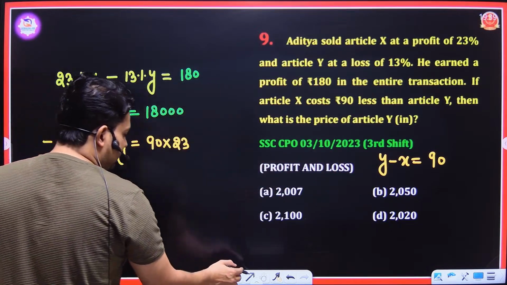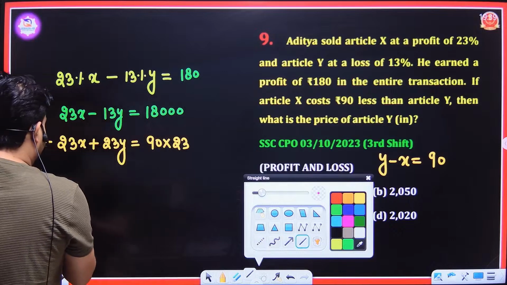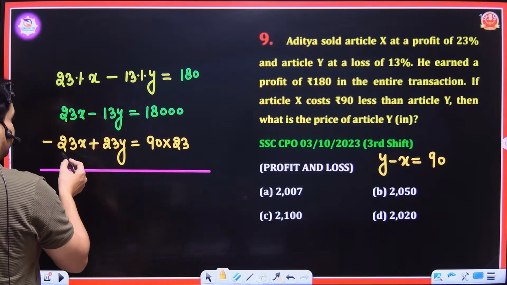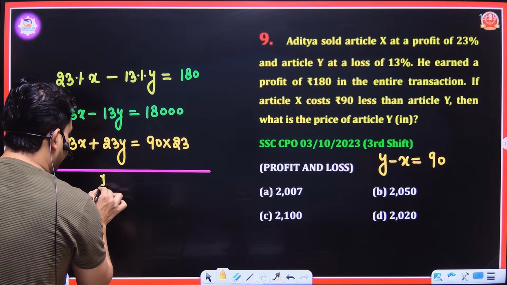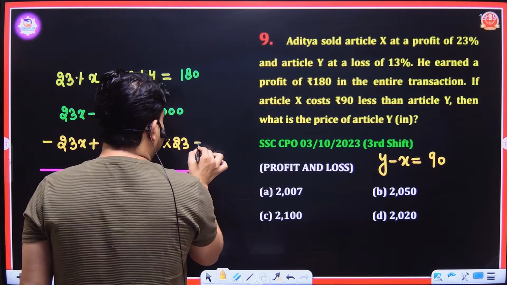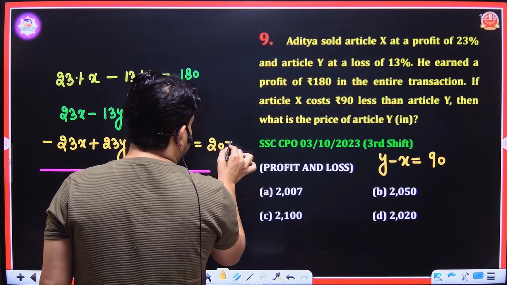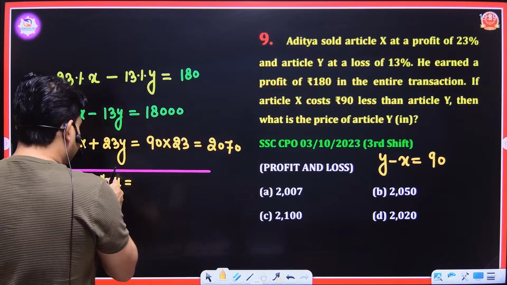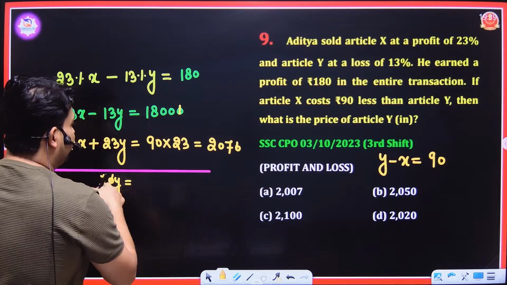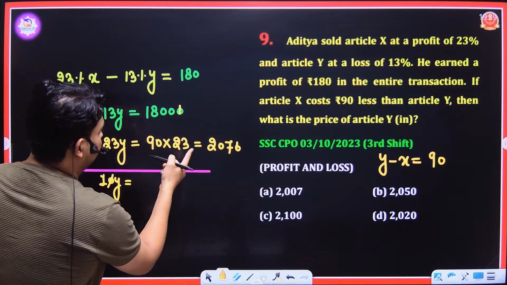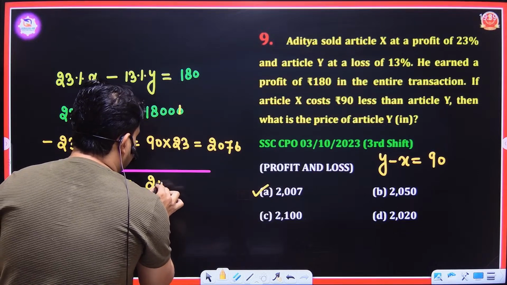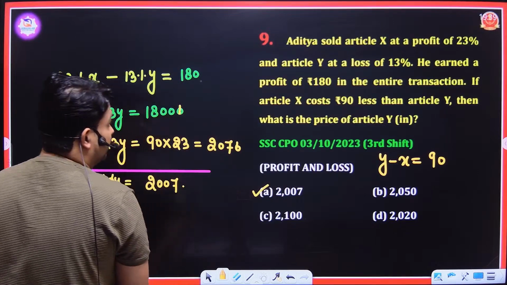So when I add both equations, X will be cancelled out. Here I will get 10Y is equal to 23 times 90, that is 2070. This 0 and this 0 can be cancelled out. The value of Y is 207. So 207 is my correct answer.